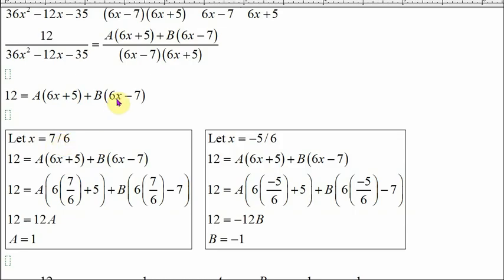With x as 7 sixths, 6 times 7 sixths minus 7 will be 0. And so in the place of x, we have 7 sixths. This part right here will be 0, and then this part here we get 12, so we get 12 is equal to 12a, or a is equal to 1.